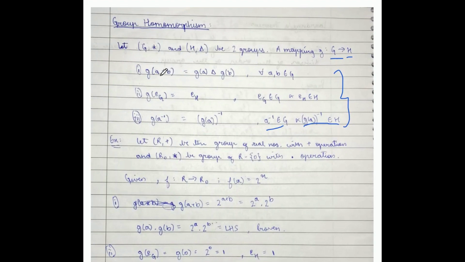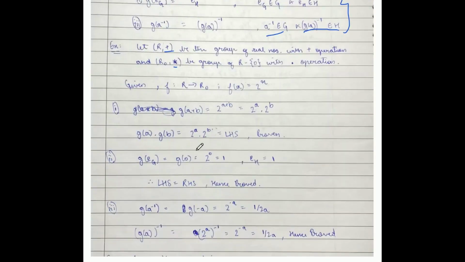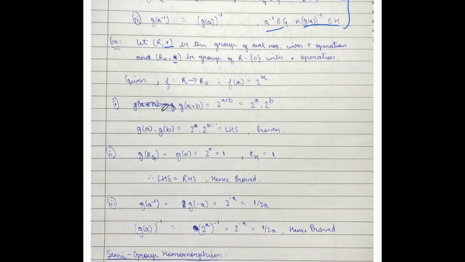So in the first one, the star is the equivalent of plus, and the delta is the equivalent of star, which is multiplication in this case. So g of a plus b, which is g of a star b, is equal to 2 raised to the power a plus b, where x is replaced by a plus b.